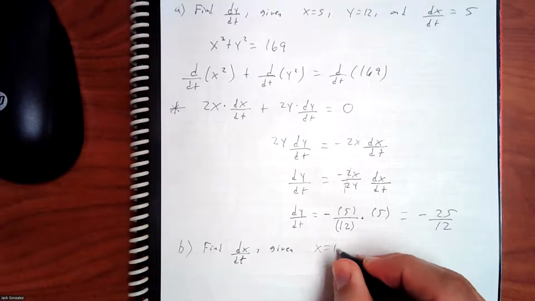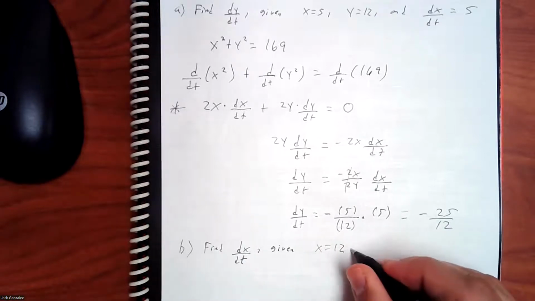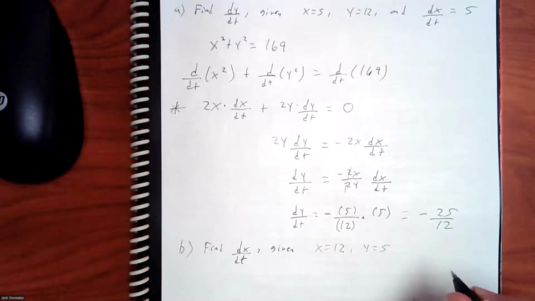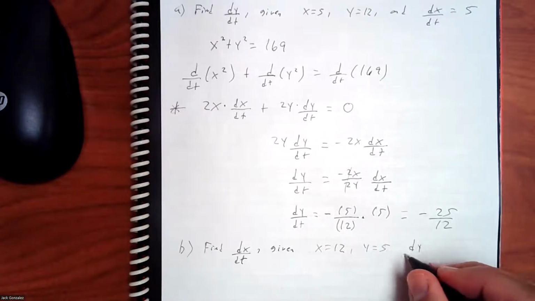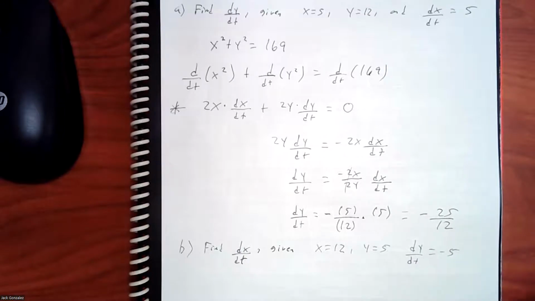X is 12 still? No, actually, they're opposite. Y is 5. dy/dt is -5.